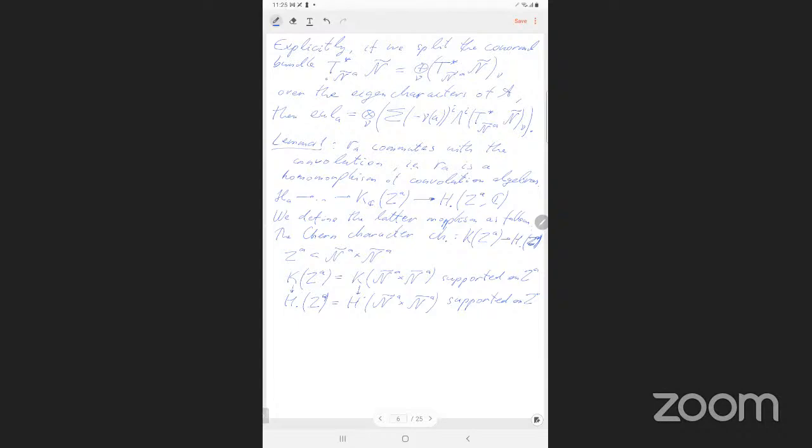Okay, and then also we have the Todd class of the smooth variety, the fixed point set in the cotangent bundle to the flag variety, and this lies in the cohomology ring of.